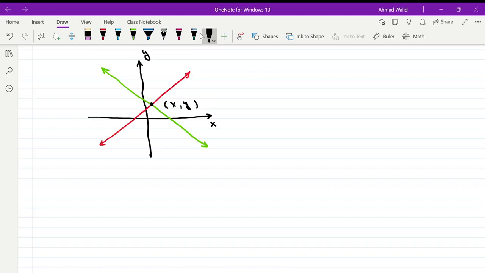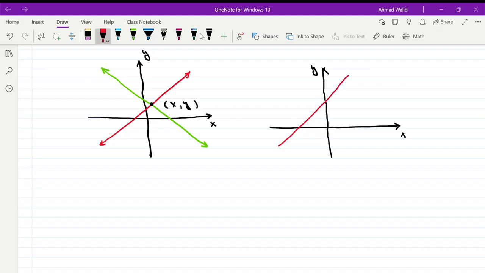Possibility number 2. Sometimes when you graph both equations, correct? For example, one of the equations gives you this line, and when you graph the second equation, it gives you this line, another line parallel to the first line.